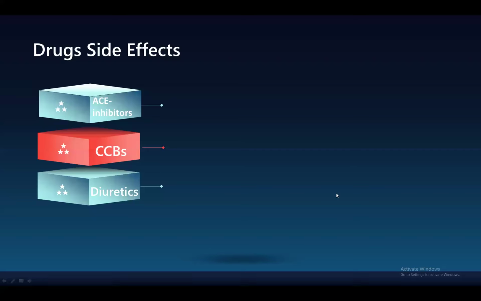It's very important to know about the side effects of antihypertensive drugs. ACE inhibitors can cause hyperkalemia because aldosterone increases potassium excretion in the kidneys.